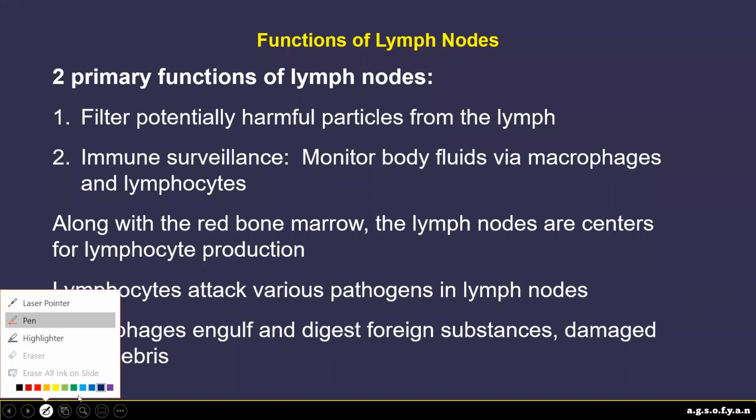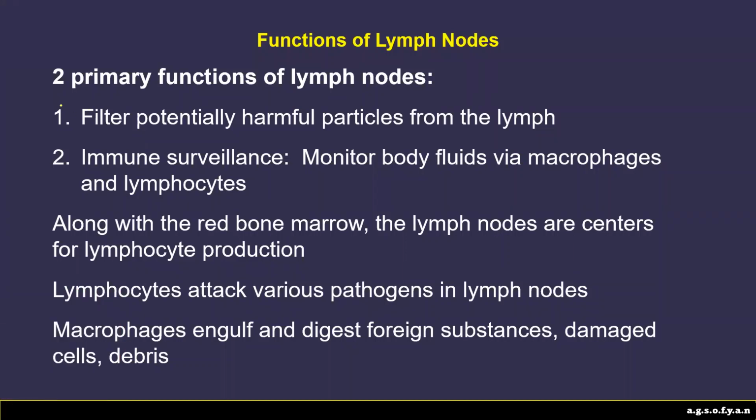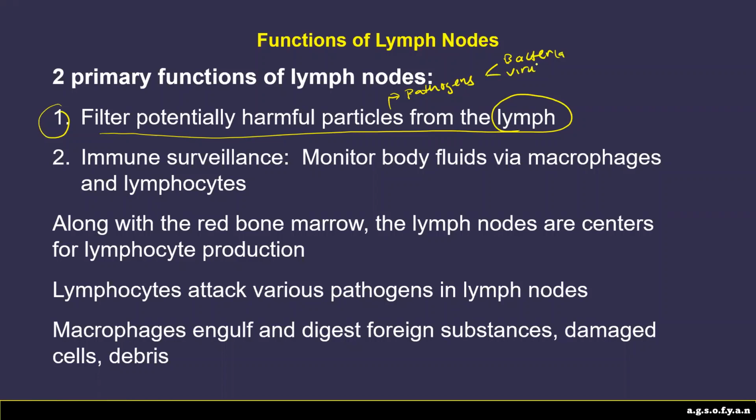The first function of lymph nodes is to filter potentially harmful particles from the lymph, like pathogens: bacteria, viruses, and parasites. They will be destroyed by the cells in the lymph nodes.